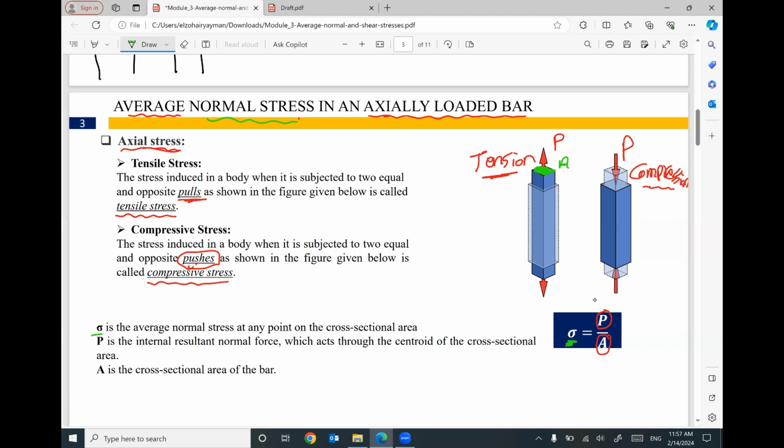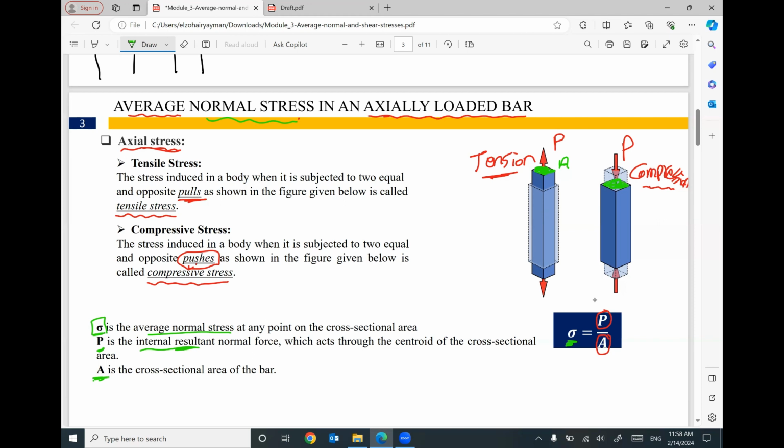Sigma is the average normal stress value. P is the applied force, and this force can be tension or compression. Area is the cross-section area of the member.